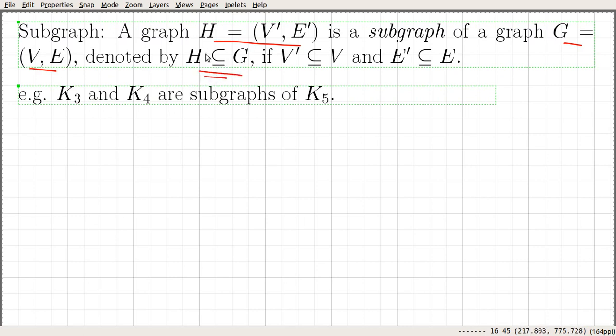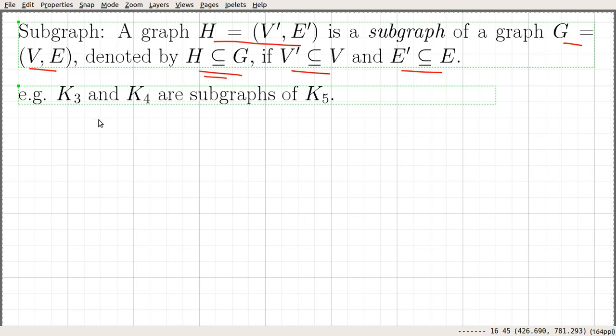H is a subgraph of G if it satisfies these two conditions: the vertex set is a subset of the vertex set of the original graph, and the edge set of the subgraph is a subset of the edge set of the original graph. If the subgraph satisfies these two conditions, then we say that it is a subgraph.